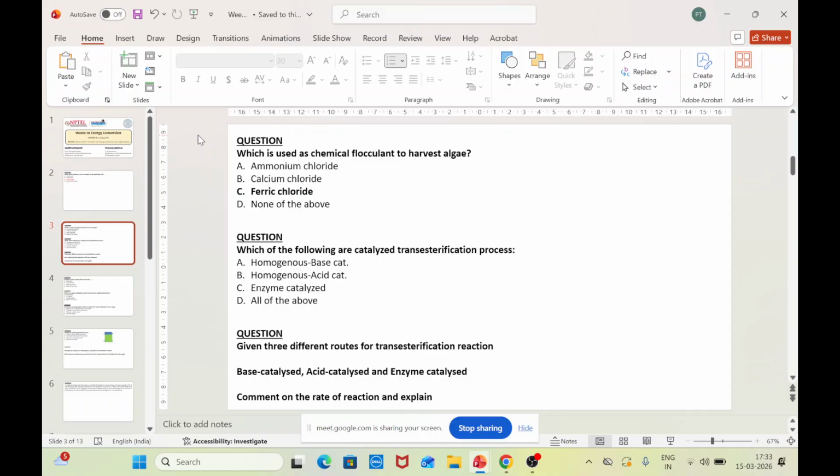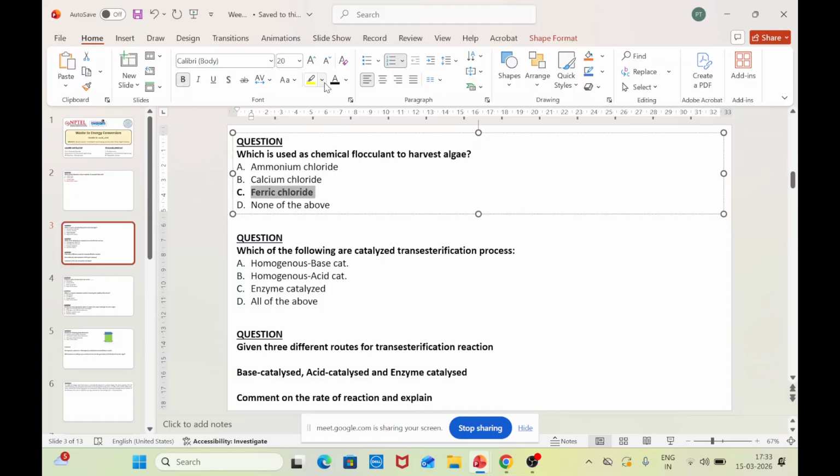There are two types of chemical flocculants. One is called alum, and the second is ferric chloride. When you add them to the water, they collect all the algae from the suspension and settle down at the bottom as flakes.